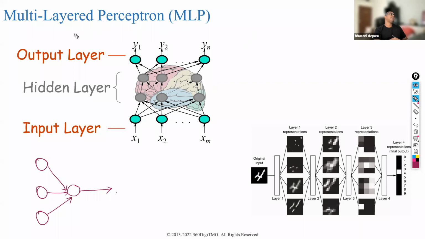But when it comes to multi-layered perceptron, you'll have hidden layers. Say this is your input layer with 5 neurons. Then maybe you have one hidden layer with 3, another with 3, another with 2, and finally the output layer.